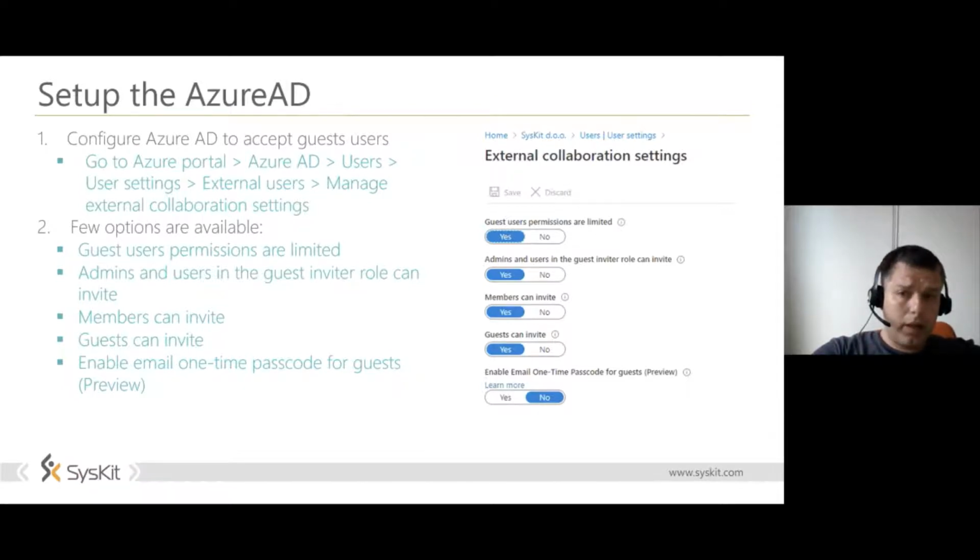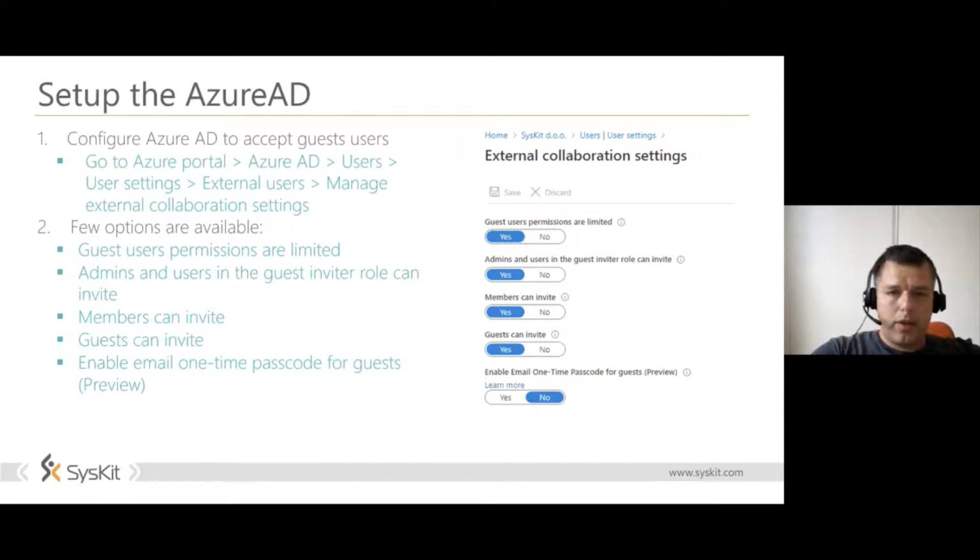You want to select no here to give guests the same access to directory data as your regular users. Admins and users in guest inviter role can invite. Basically, this means to allow admins and users in the guest inviter role to invite guests, and you need to set this policy to yes.